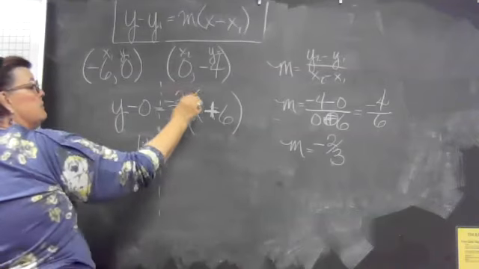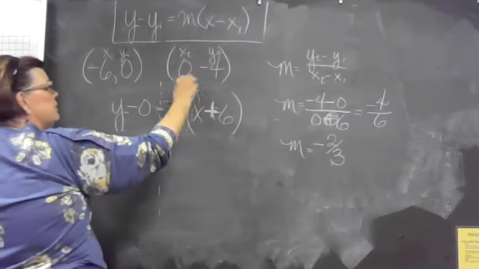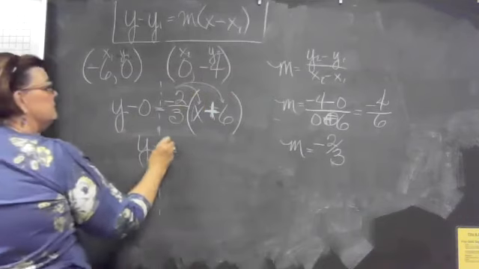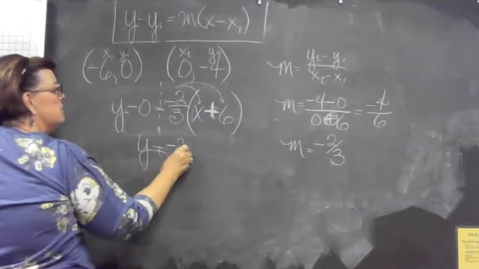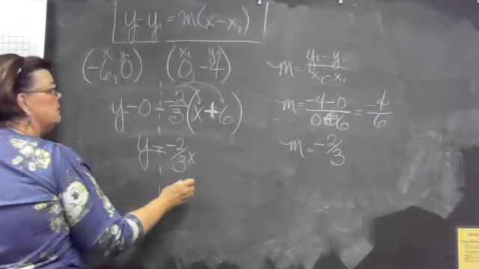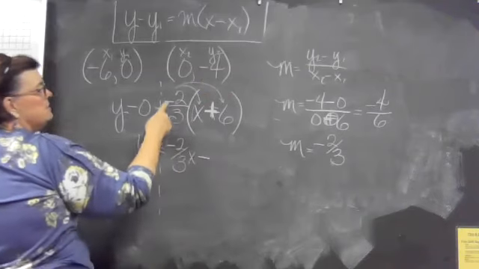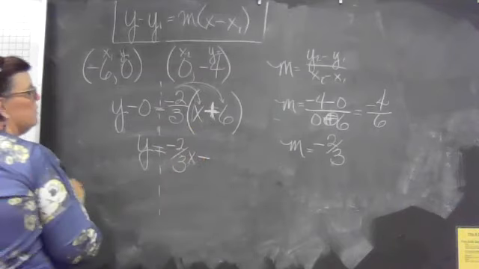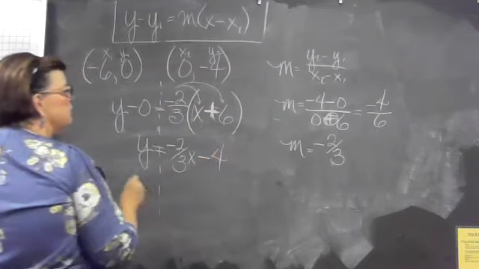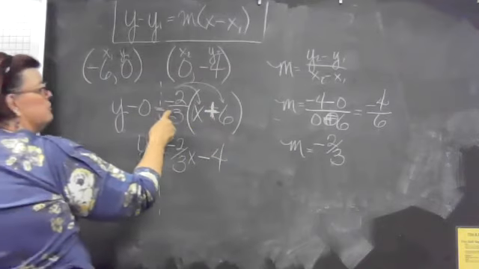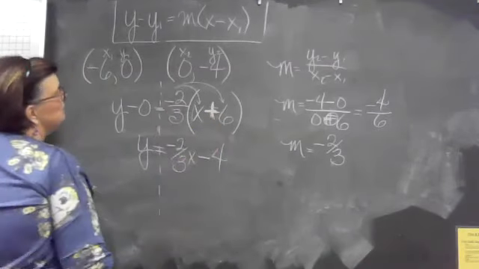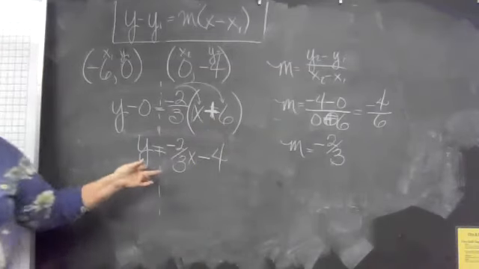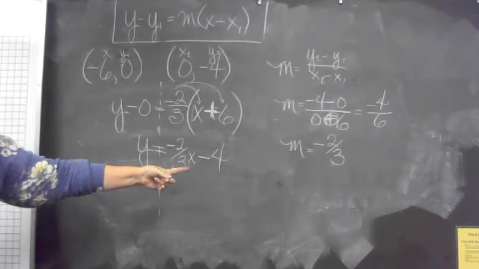And now we're going to do my distributive. You could have done the distributive property first, which probably would have been a good idea. -2/3 x minus, because it's a negative times a positive makes a -4. If you do this on your calculator, -2/3 times 6, you should get a -4. Since y is by itself, you're finished.